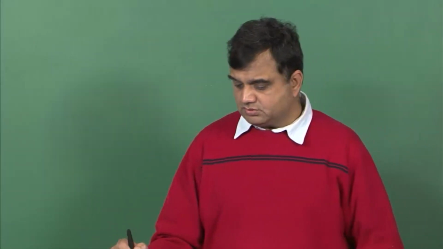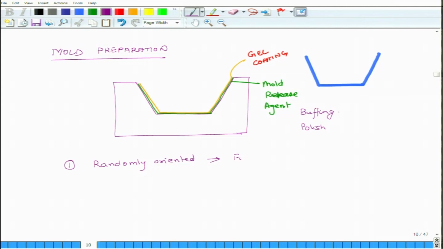So, here fibers and matrix are sprayed, and the application of matrix and the application of fiber is simultaneous, and because they are sprayed, this type of hand layup process is called spray up process.